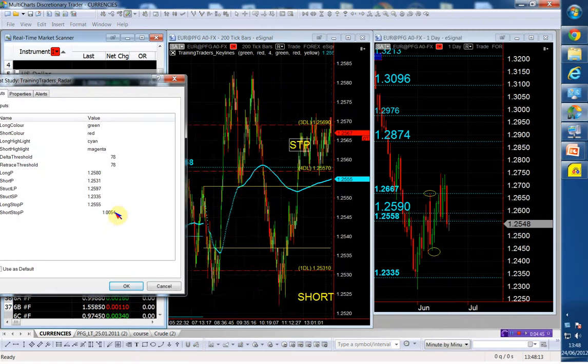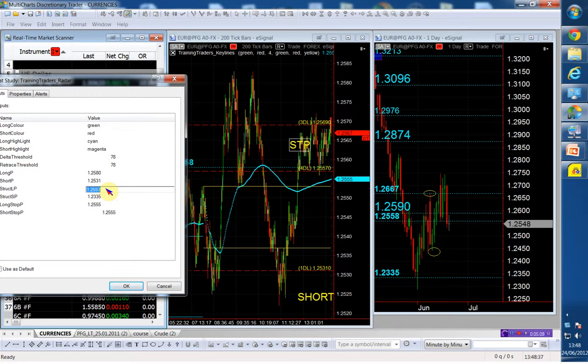So the 125.55 is actually the same stop for both the long and the short. So my long and short stops are one and the same. So I'm going to buy above 125.80. If I do, I have a structure point above that, which is the 125.97. And if I do buy it, then my stop is 125.55.